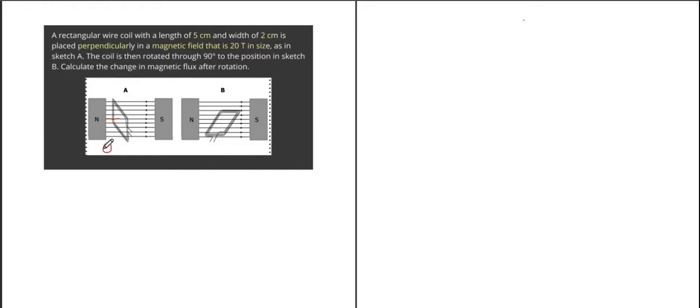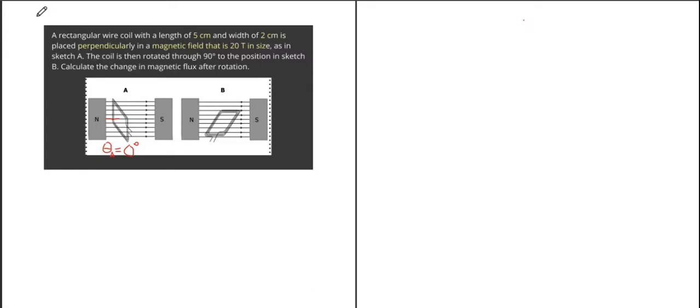Remember, we've said that theta is the angle between the normal and the magnetic field. If you look at them, these two lines are parallel, meaning that theta in this situation is actually 0 degrees, right? So let me write this as theta for A.